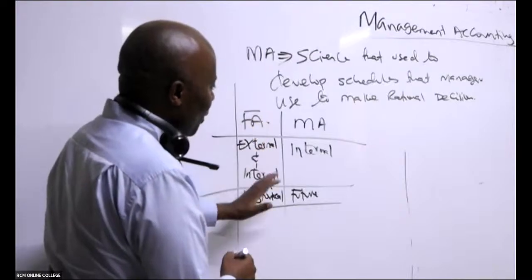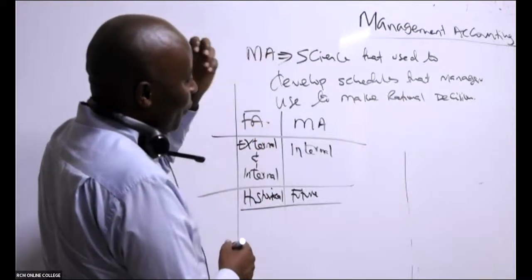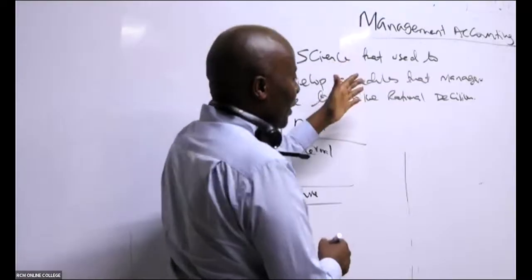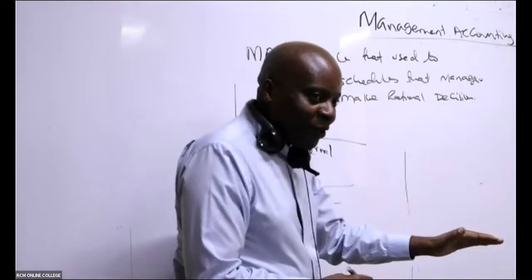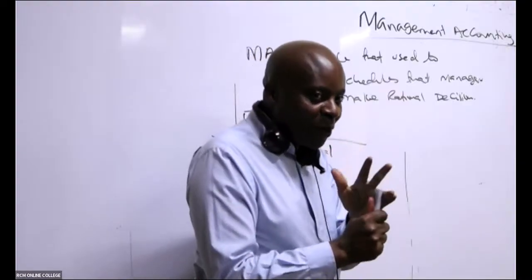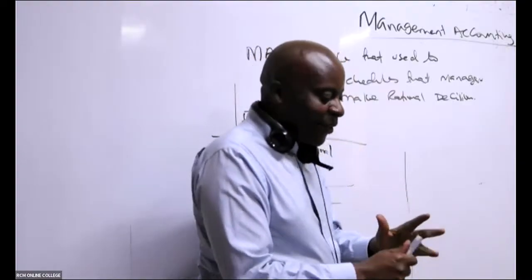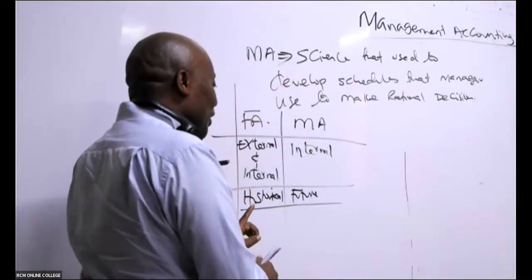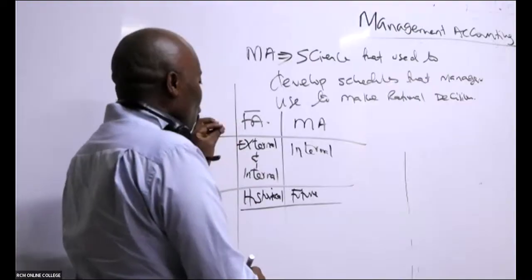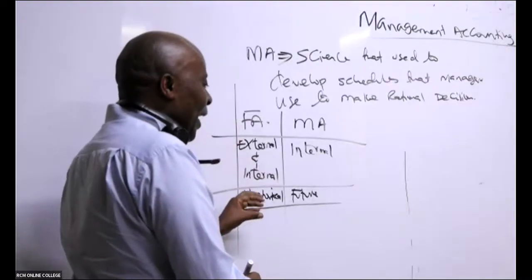Whenever it comes to FA, the structure is normally given. If it's an income statement, we must start with sales. We less cost of sales. Even cost of sales has an order to be followed. We have opening inventory, you add purchases, and then you less closing inventory. So FA is well guided by the International Financial Reporting Standards, the IFRS.